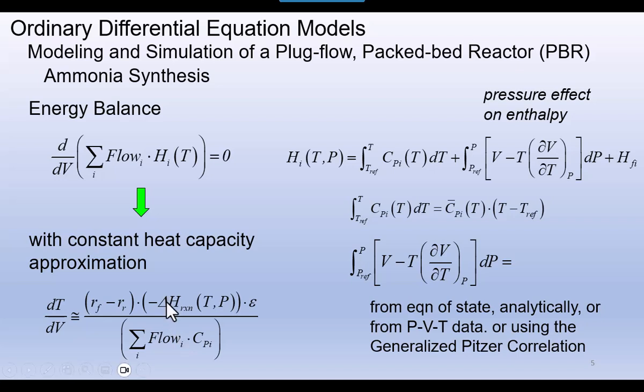And then you can use the heat of reaction as the change in enthalpy, and it's an exothermic reaction here, and it's a function of temperature and pressure, and again times our void fraction. So that's the simplified energy balance.